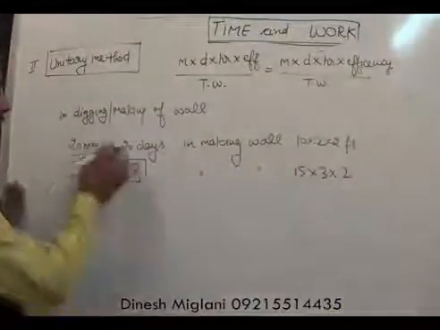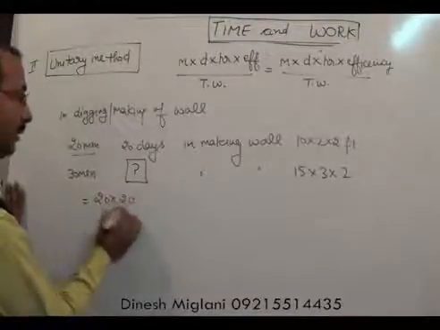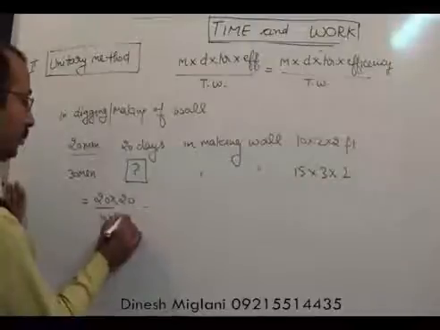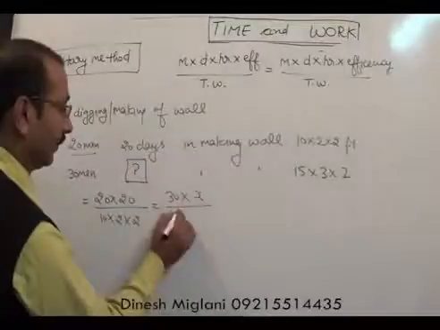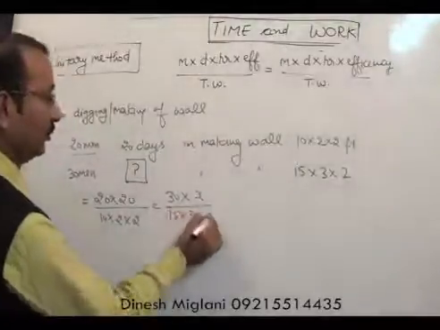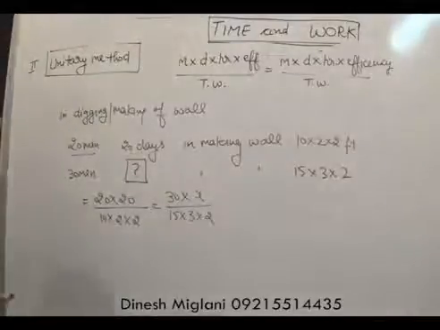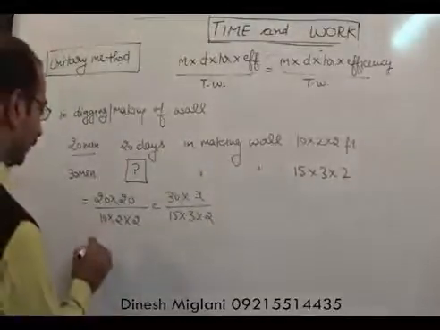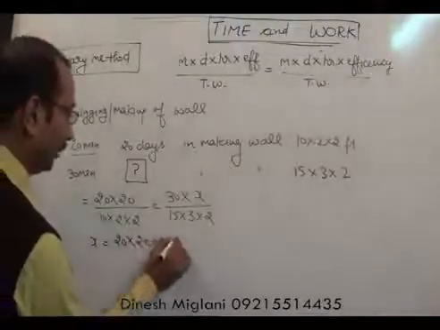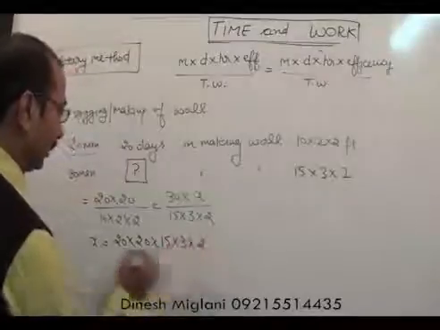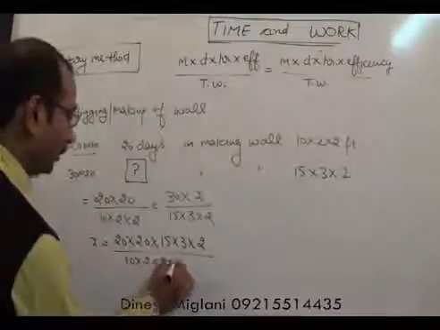Very simple. Man days work. So I can say 20 into 20 by work, 10 into 2 into 2. 30 men days are x. My work is 15 into 3 into 2. And in this question I have to find the value of x. So what is x? We can say x equals 20 into 20, 15 into 3 into 2, divided by 10 into 2 into 2 into 30.